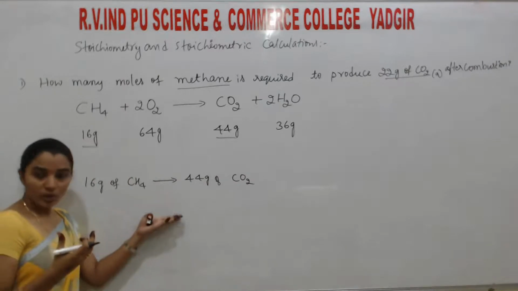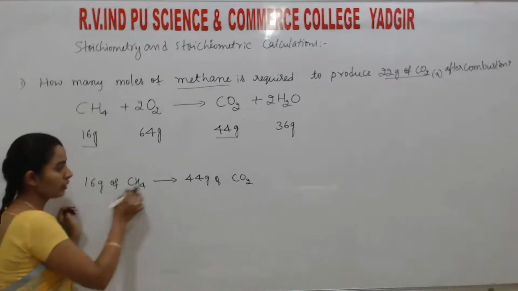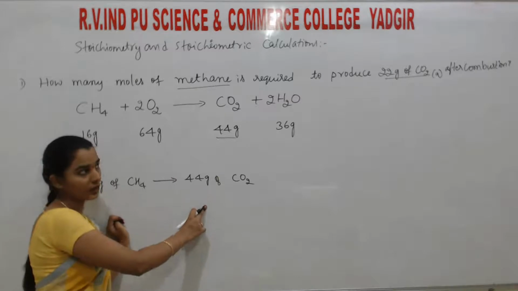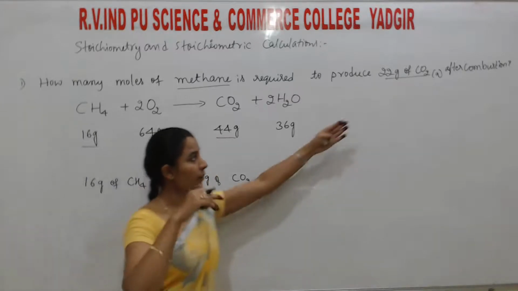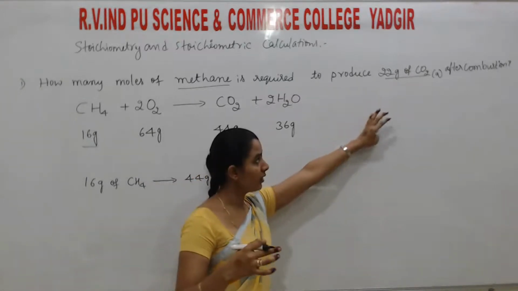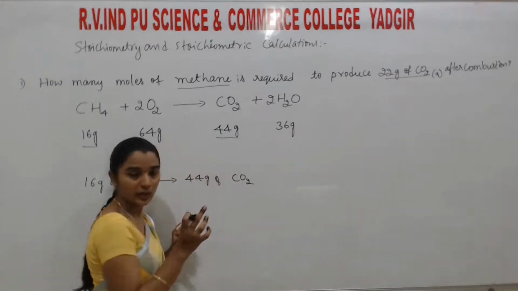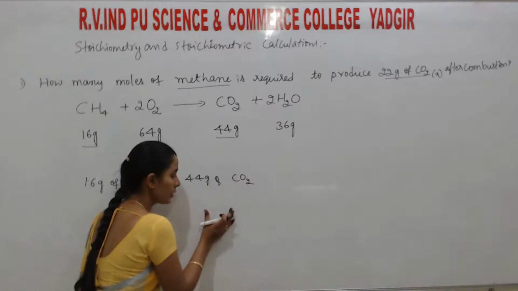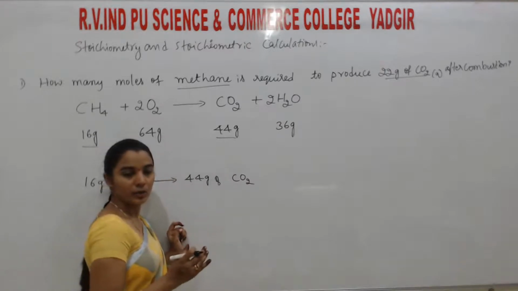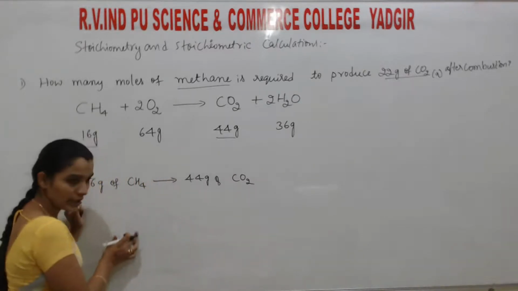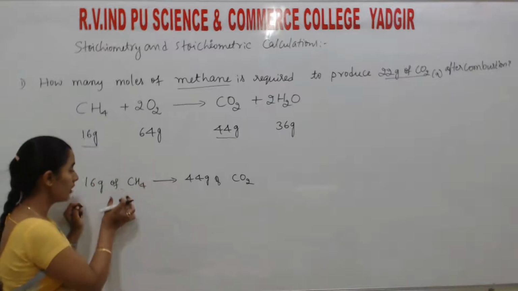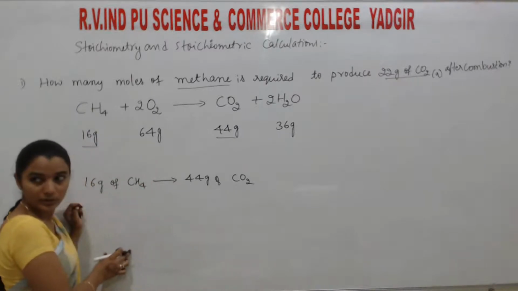You may take it in mole also, 1 mole gives 1, or even 0.5 mole, but if not, it will still work. Whatever values they give, students, if CO2 is given, you should take the value exactly below that CO2. If they give CH4, you have to take the value exactly below that CH4.